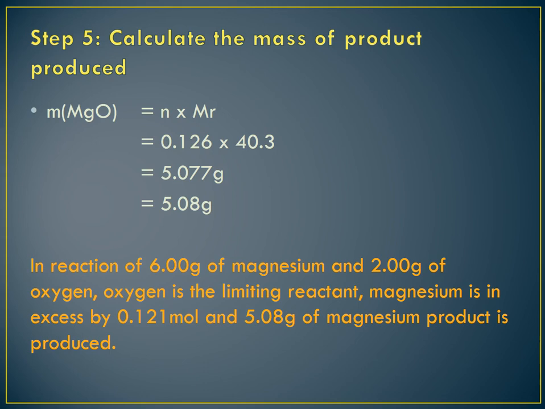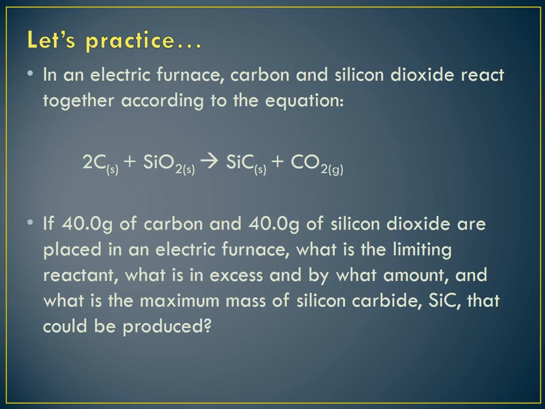Okay, so in the reaction of 6 grams of magnesium and 2 grams of oxygen, oxygen is the limiting reactant, magnesium is in excess by 0.121 mole, and 5.08 grams of magnesium oxide is produced. This would be a really big question on an exam, so you would be expecting it to be worth quite a few marks. Here's another one for you to have a go.